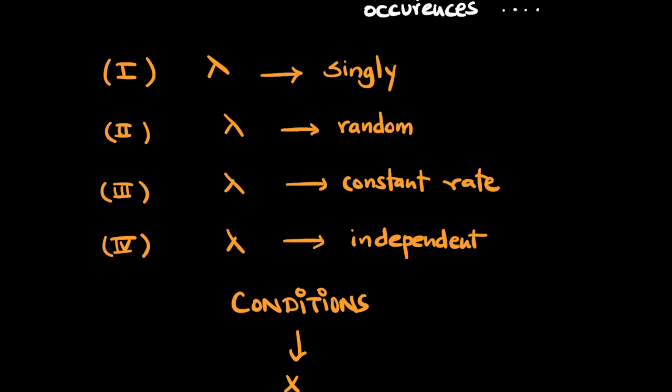The first condition is about the mean number of occurrences occurring singly. The second condition is the mean number of occurrences occurring at random. The third condition is the mean number of occurrences occur at a constant rate, and the fourth is about the number of occurrences being independent of one another.